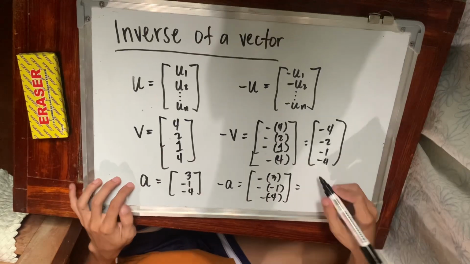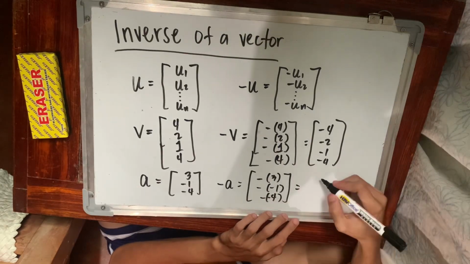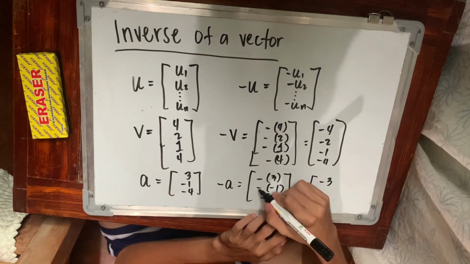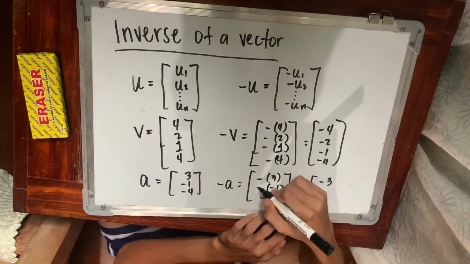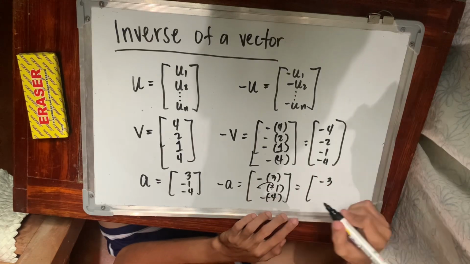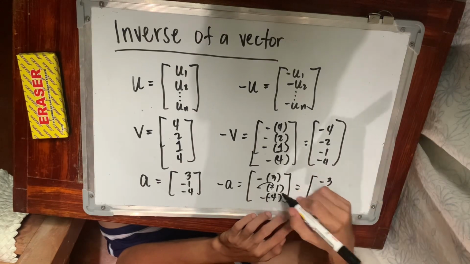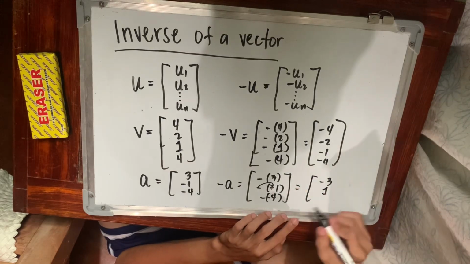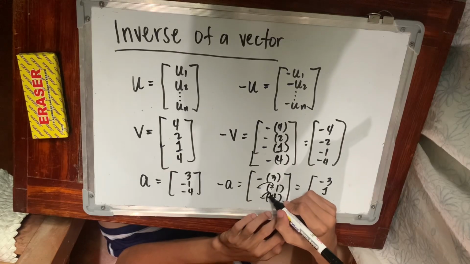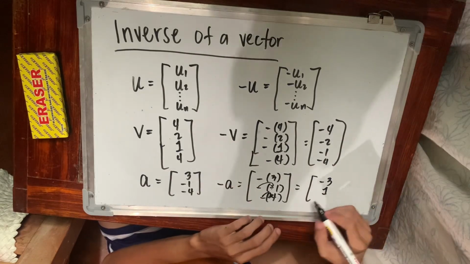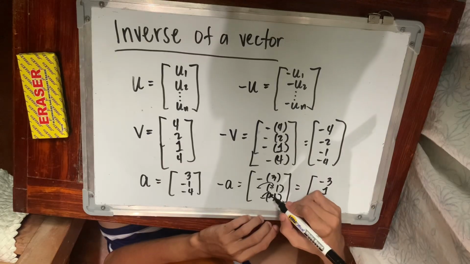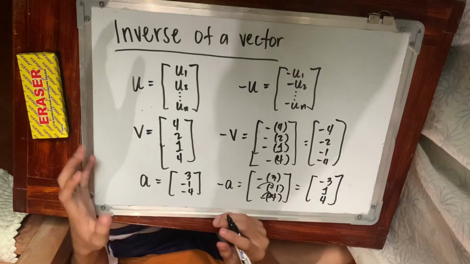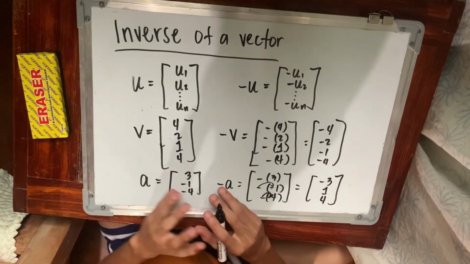So negative times positive is negative, so -3. Now the second one, we distribute this negative to the negative, and it will become positive. So in this case we have 1, since negative times negative is positive, and this one is the same as this one. Negative times negative is positive, so positive 4. So this is how we deal with the inverse of a vector.